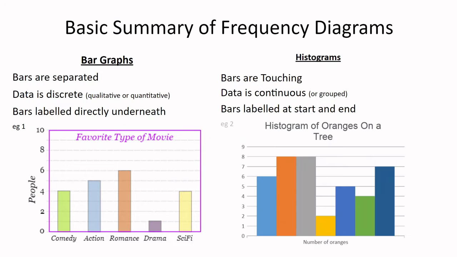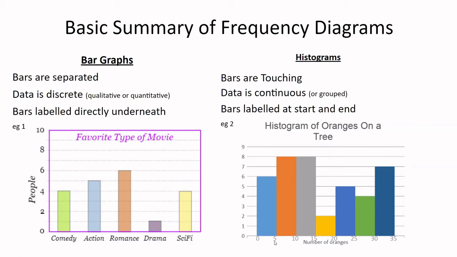Again, let's see an example. Here I've got a histogram of the number of oranges on a tree. And here I've got several different trees, and across the bottom, I've labeled how many oranges are on those trees. But it's not just one discrete number of oranges. This first bar shows the number of trees with between 0 and 5 oranges on it.